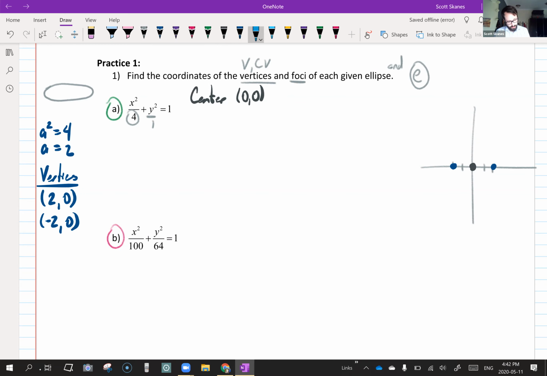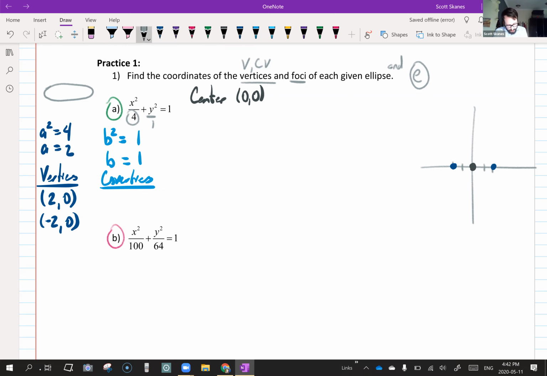Moving on to covertices. B squared is the smaller of the two. It's a 1. What's the square root of 1? 1. So that gives us covertices. The minor axis in this case is the small stretch upwards, not over, but up.